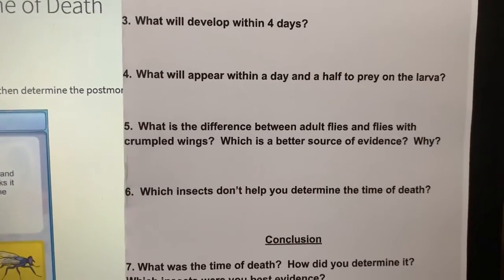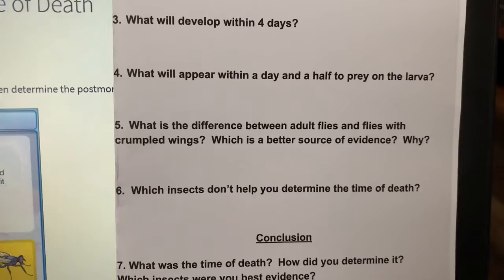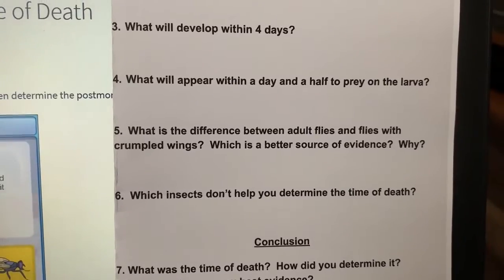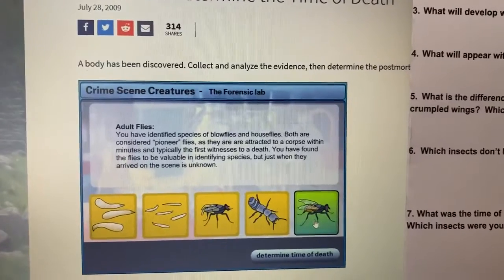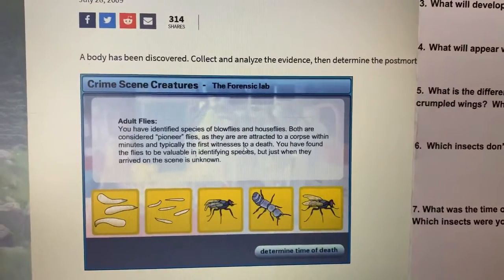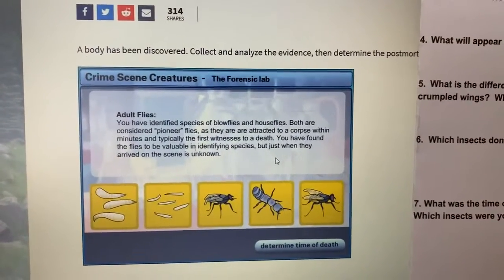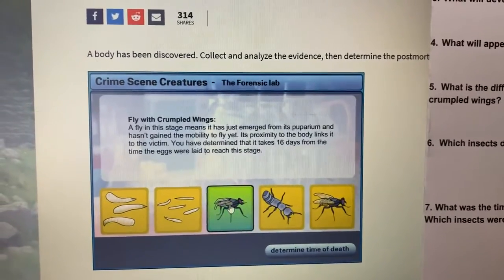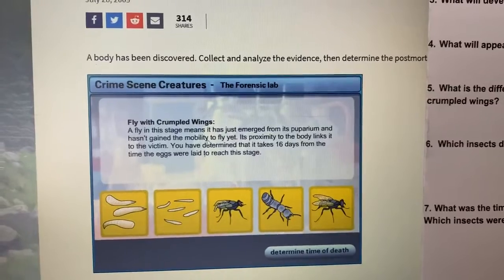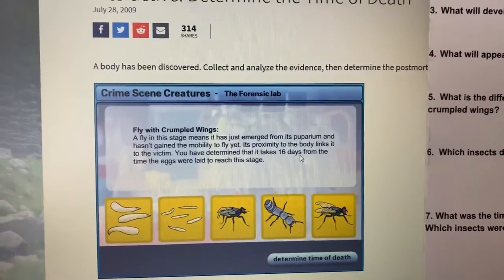What is the difference between adult flies and flies with crumpled wings? Which is a better source of evidence? If you remember, regular adult flies don't really tell me anything other than it's been at least an hour for them to have found the body. Whereas if you find an adult fly with crumpled wings, that means it has just hatched from its pupa.